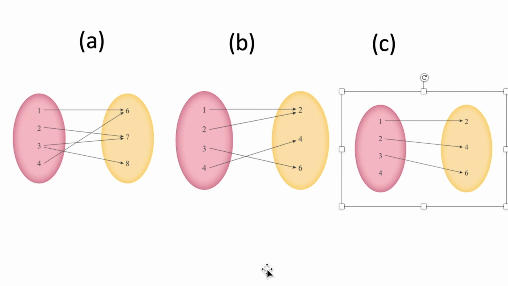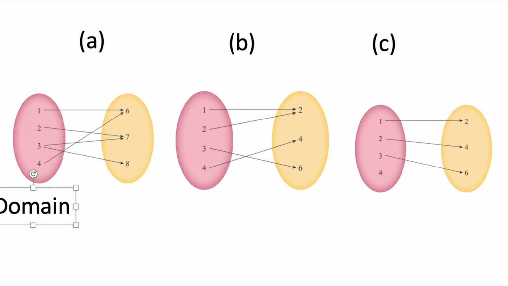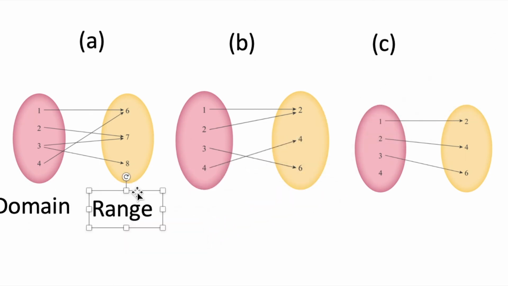All the pink ones are going to be the domain, and the yellow ones are the range. So this is the input, and the yellow ones are the output. What I'm asking you to do is tell me for each of them, are they a function or not? If you want to do them on your own first, you can always pause the video.